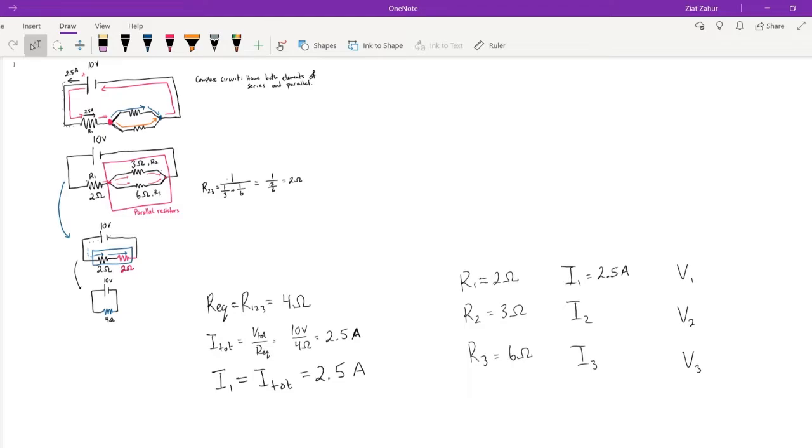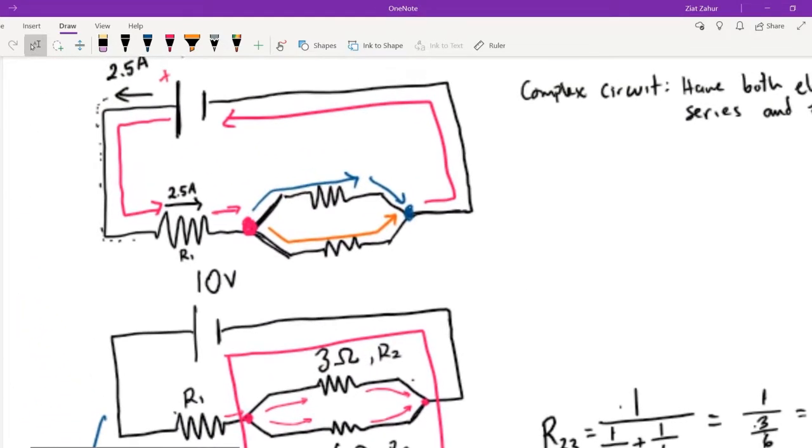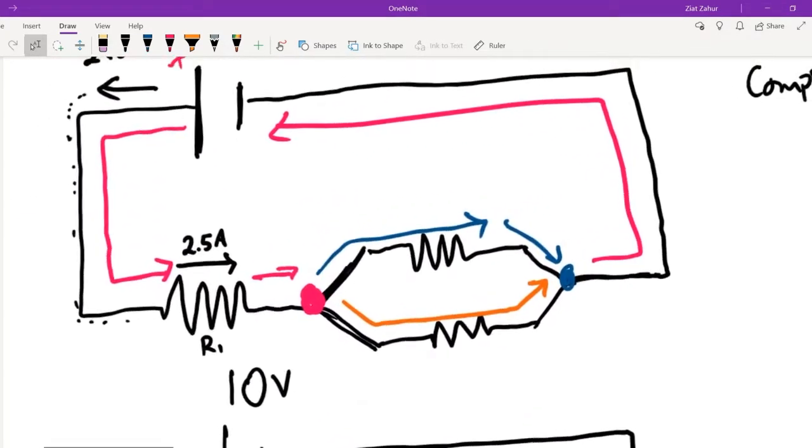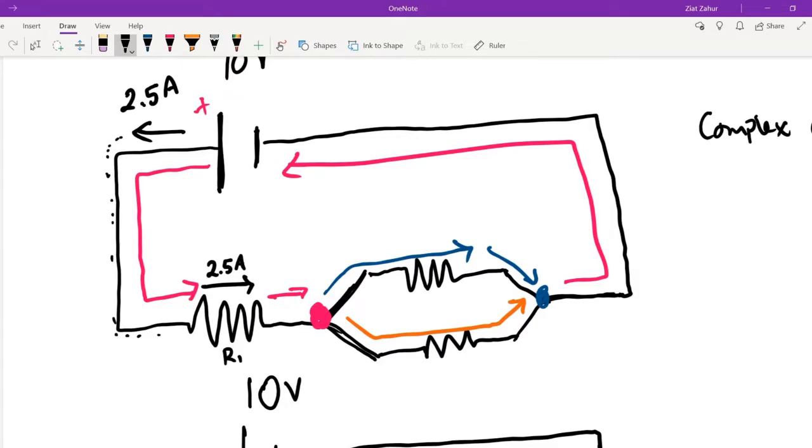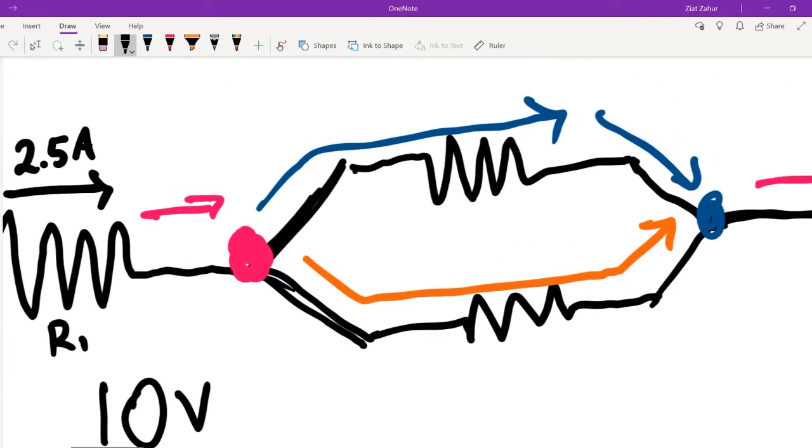The answer is no. Notice how the reason why I1 was 2.5 was because whatever stream of water was going through our system at the start had to flush itself through resistor 1. But after you go through resistor 1, here at this junction, the current splits up into two parts.